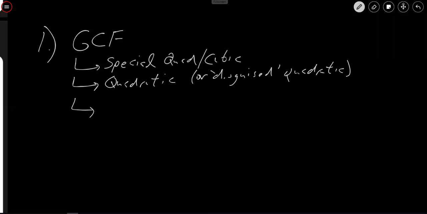So I could be left with some kind of 4 or maybe a 6-term polynomial. So that's from step 1.